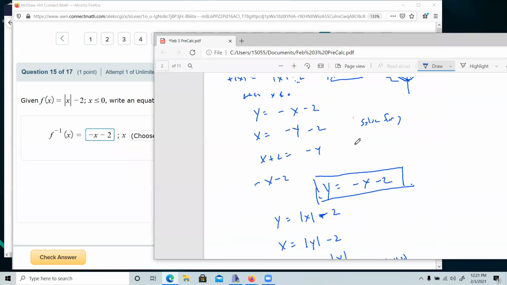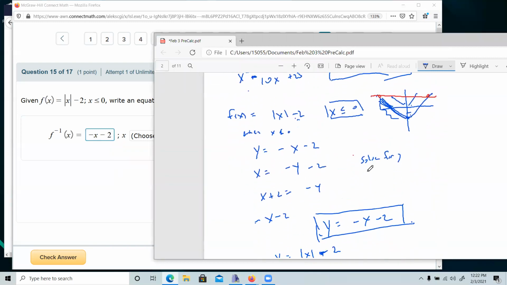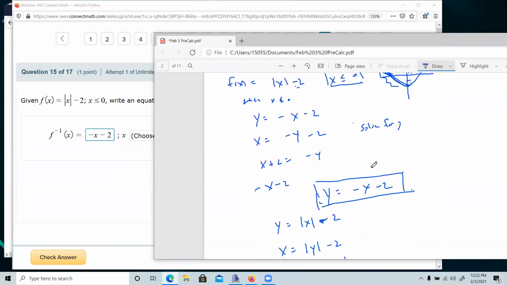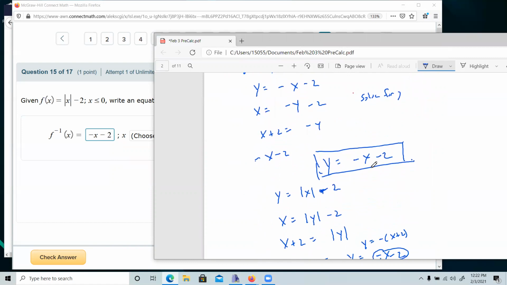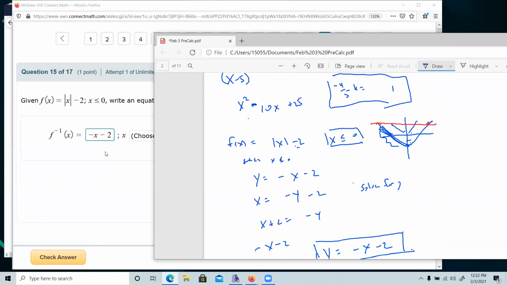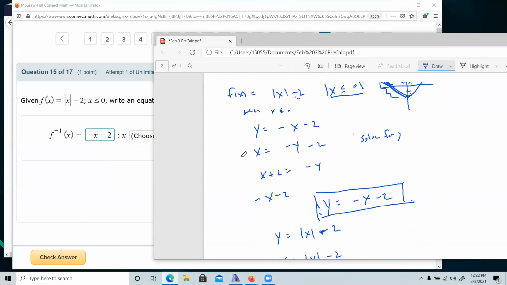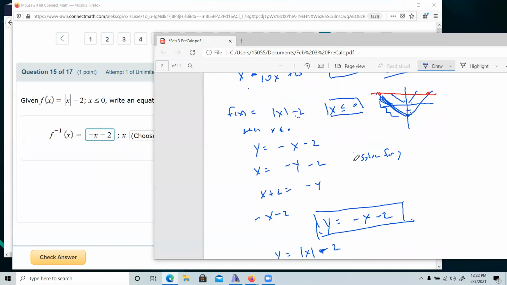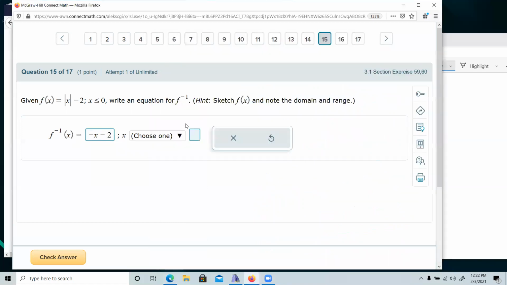Now, do you remember that the domain of the function was the range of the inverse? And the range of the inverse is the domain of the original. So they flip and flop that way. What is the domain?